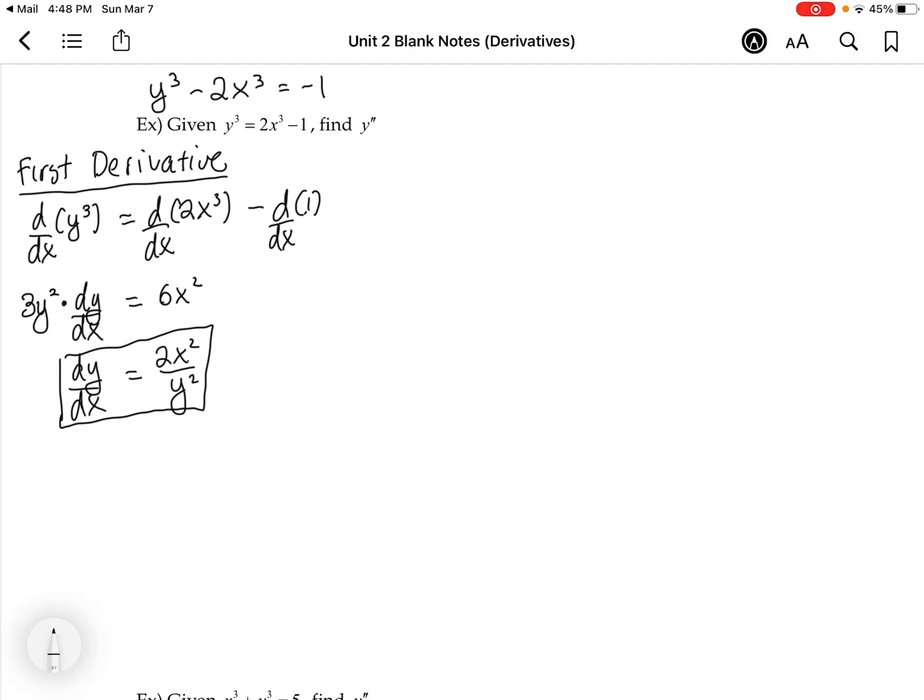Now, to get my second derivative, I have to take the derivative of both sides of this equation. So to get the second derivative, that's what I'm going to do.